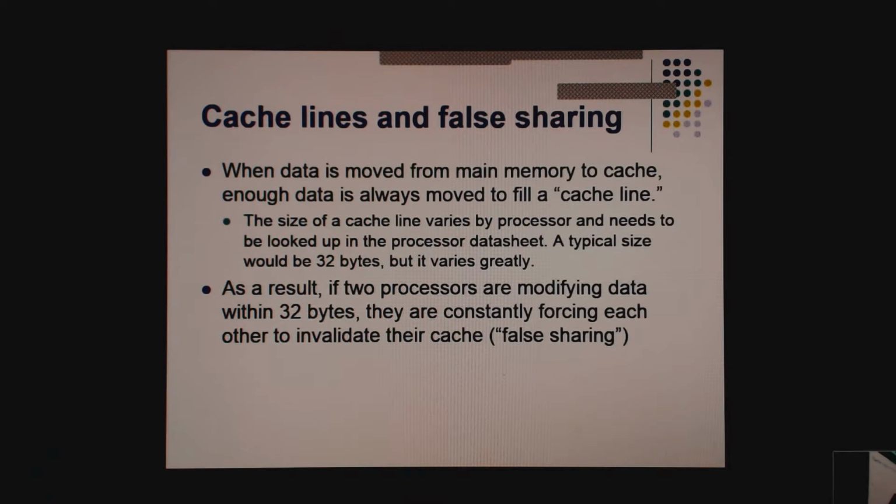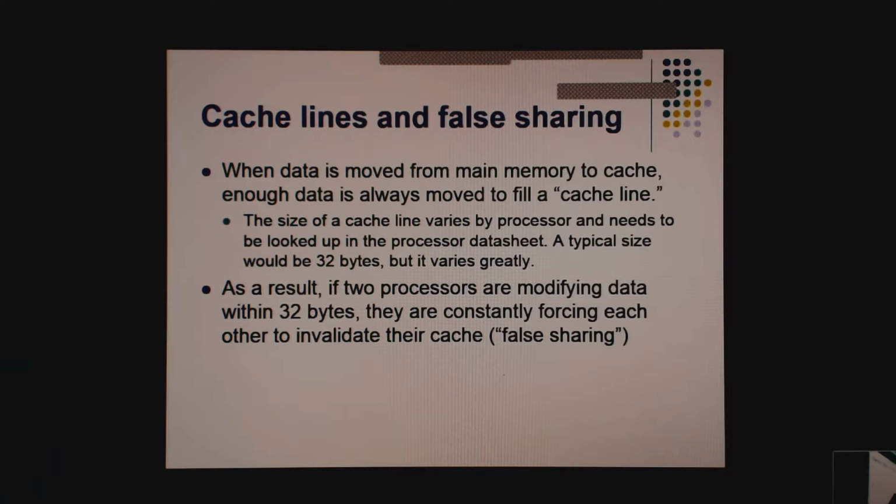When data is moved from memory to cache, enough data is always moved to fill a cache line. The idea is if I access this location in memory, I'm likely to access nearby memory locations as well. For example, if I'm reading machine code, I'm going to execute this instruction, then the next instruction, then the next instruction.